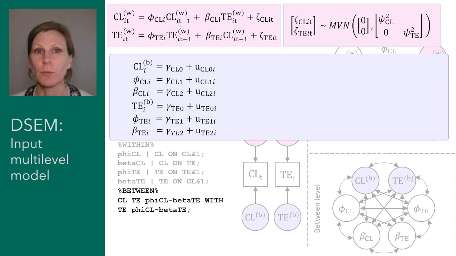And this parameter here, gamma CL2, is the mean, averaged across all individuals, of the beta CL parameter, and that's this one here, so it's the effect, or the regression coefficient, from tension to closeness. So every person has their own value, but the gammas represent the means across individuals of these parameters, and then the u's represent the individual deviations from these means.